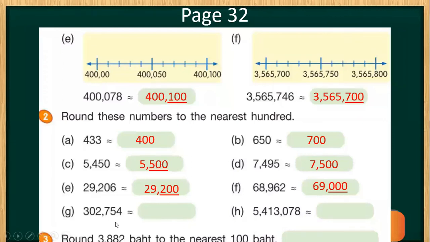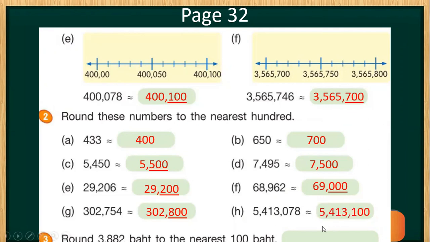Next, letter G, 302,754 round off to the nearest hundred. The answer is 302,800. Letter H, 5,413,078 round off to the nearest hundred.